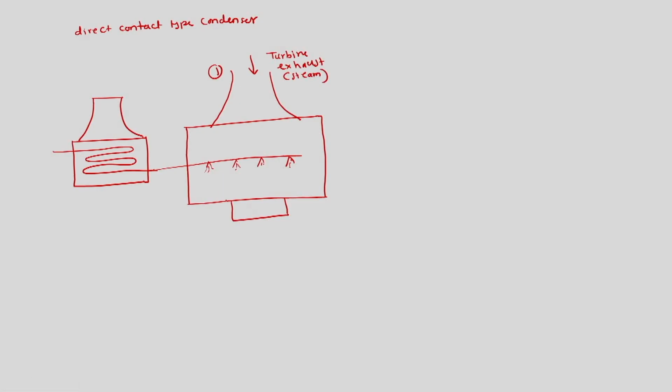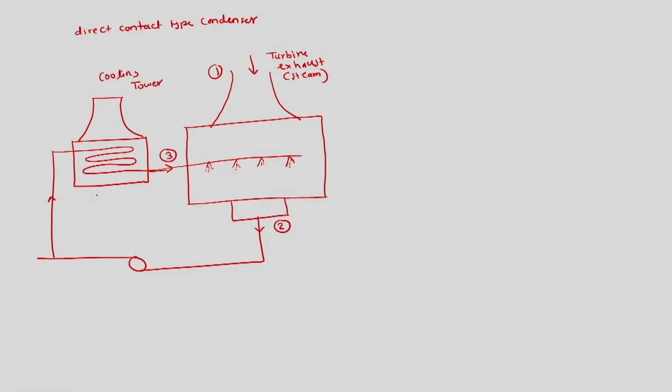Then this is the cooling water at state 3, it is sprayed in the air, and then this is state 2 which is the condensate, and then this condensate will be pumped and some will be again circulated in the cooling tower.